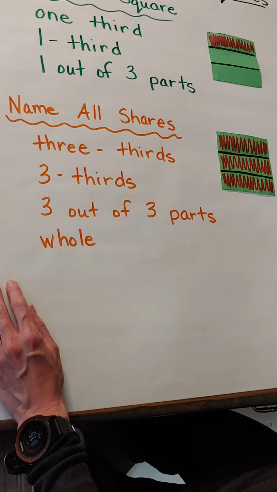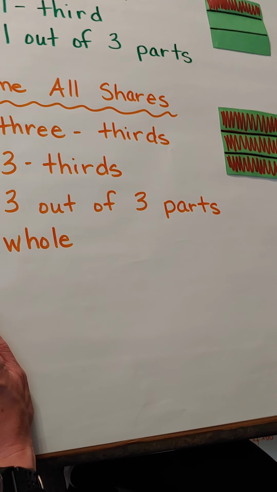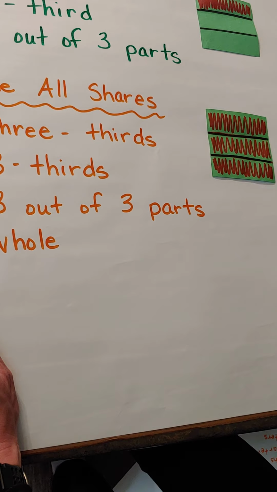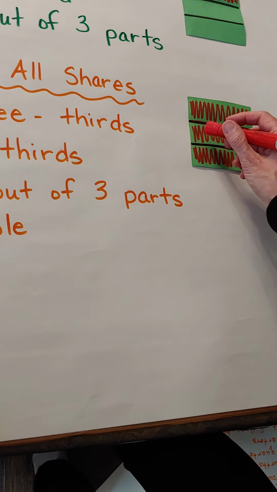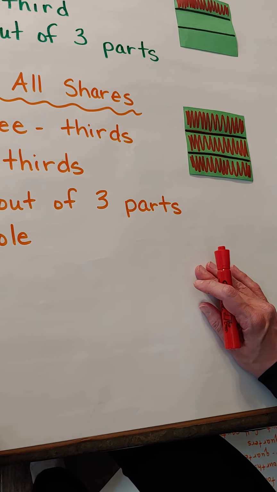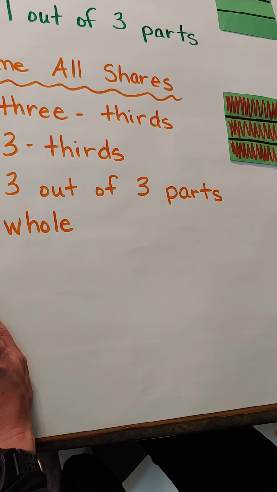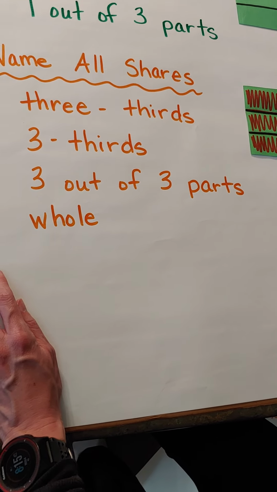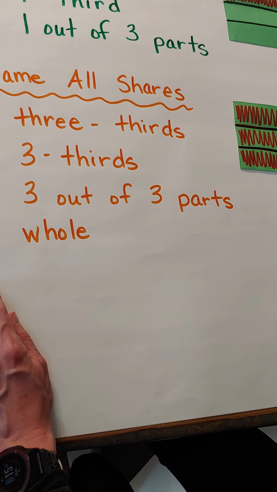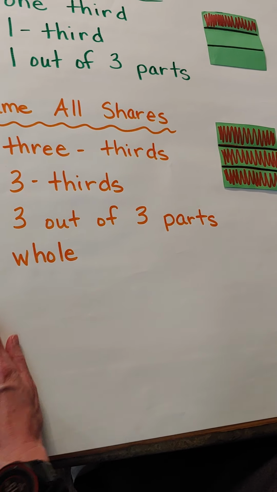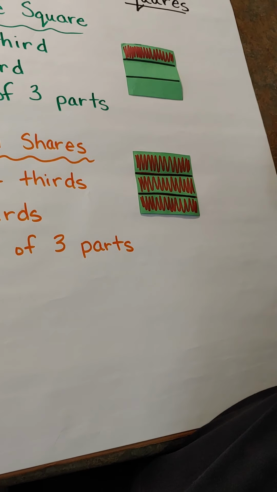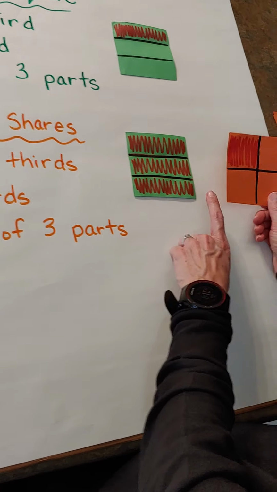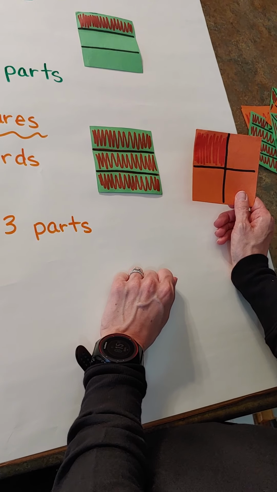Now I got a question for you. Is the whole the same for all the squares that you folded here, friends? Yes, this whole is the same. Those are equal parts. Now, are the shares the same for all the squares you folded? How about if I compared this share to this share?